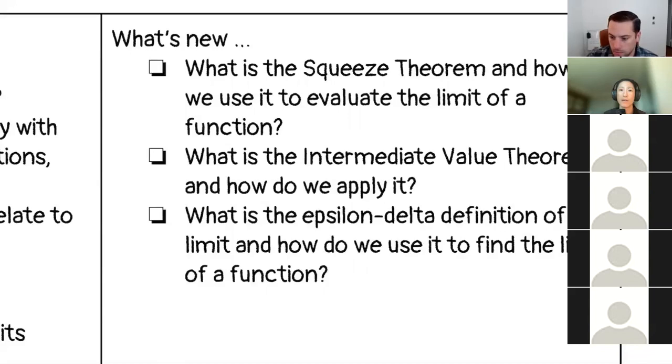The three main things we're going to take away from this section, some of which we'll do today and we'll finish up on Monday, not a big deal, are these. First, what is the squeeze theorem, and how do we use it to evaluate the limit of a function? That's the one I hope to get to today.